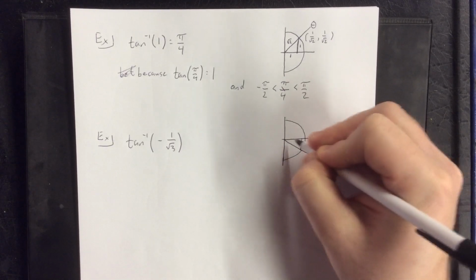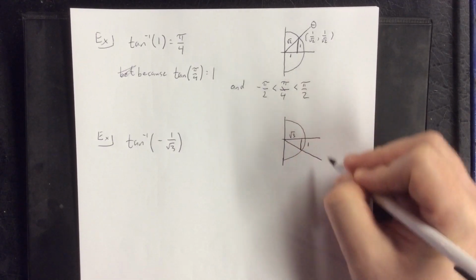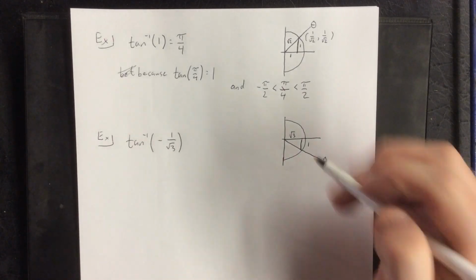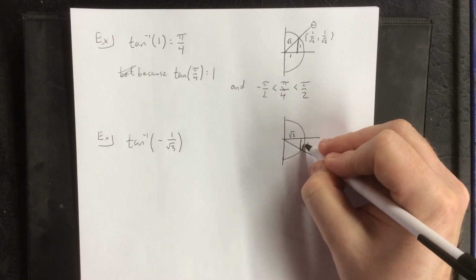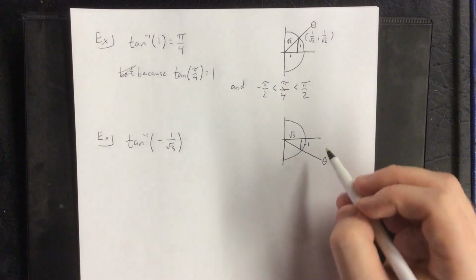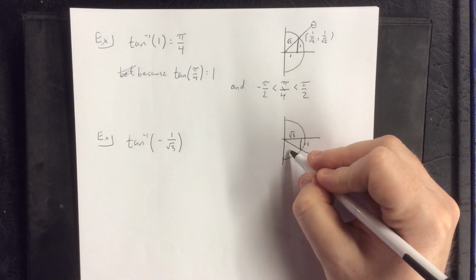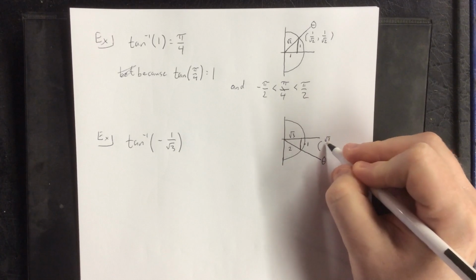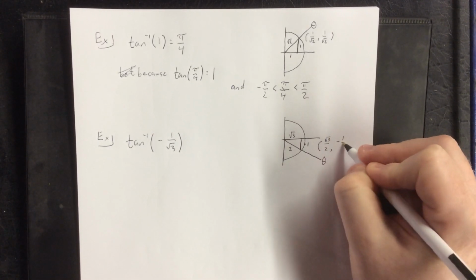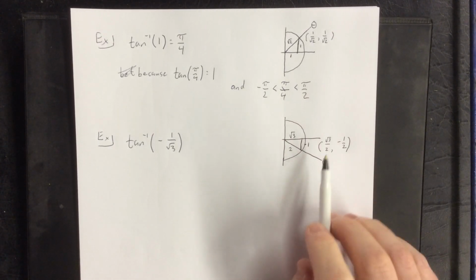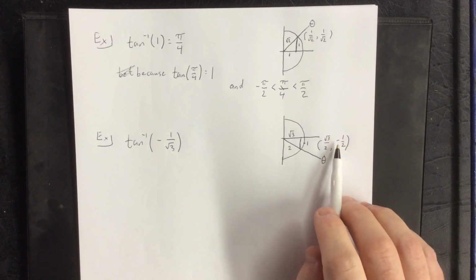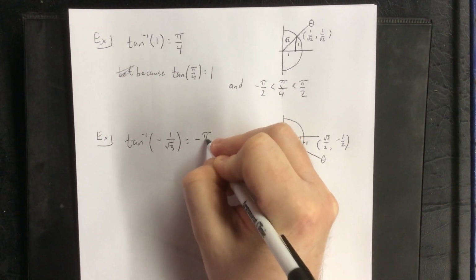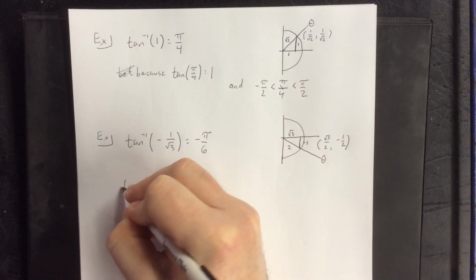So a 1 over here, and the square root of 3 over here, and we'll call this guy theta. However, because we're in quadrant 4, we will want the 1 to be negative. Applying the Pythagorean theorem lets us know that the hypotenuse is going to be 2. So really, the point that I'm looking for on the unit circle is the following point. The cosine would be root 3 over 2, and the sine would be -1/2. That, of course, corresponds to -pi over 6.